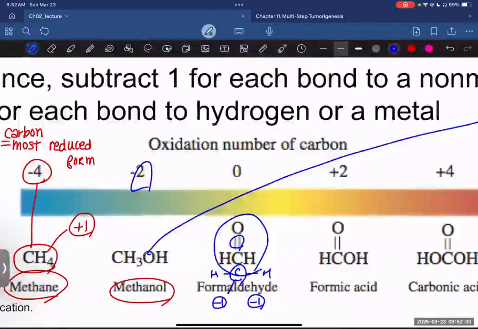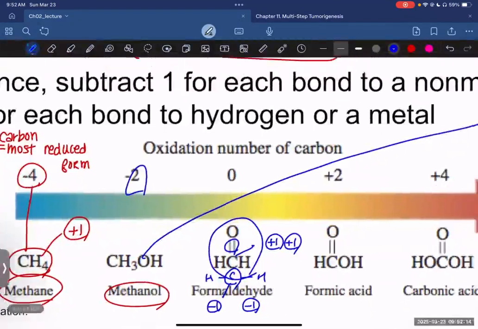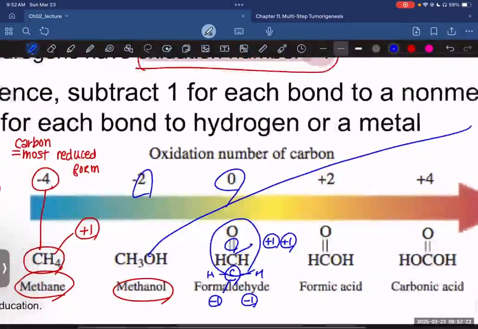And so in this case, carbon is going to have +1 for one bond and +1 for the other bond. And that's why if we add them all together, it's going to be +1 plus 1 minus 1 minus 1, which is going to give us the value of 0. And so that's how you're basically going to be calculating the oxidation number.